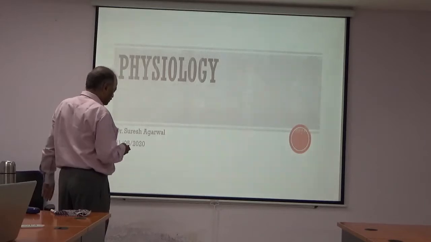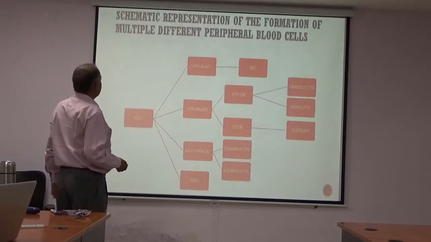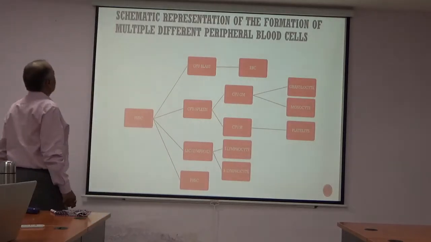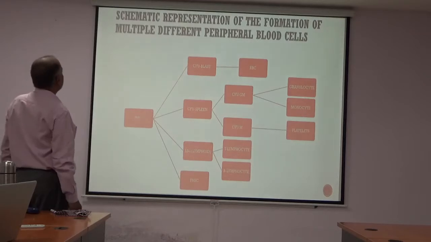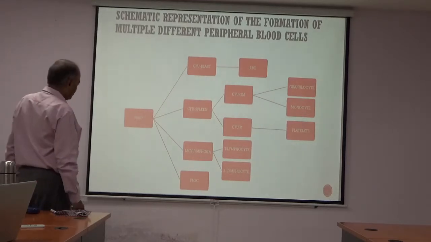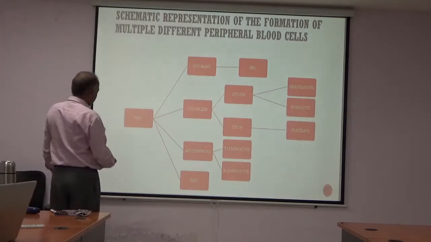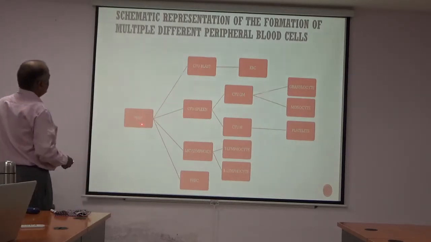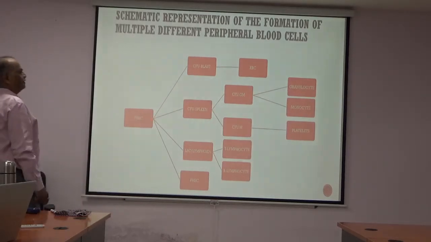Before we go into anything, here again we see the schematic representation of the formation of multiple different peripheral blood cells. Here it is the pluripotent hematopoietic stem cell.